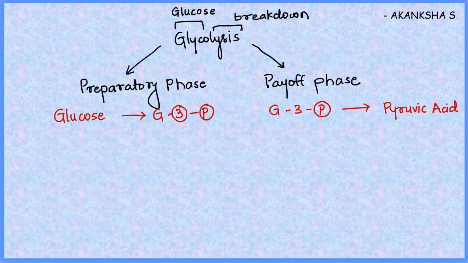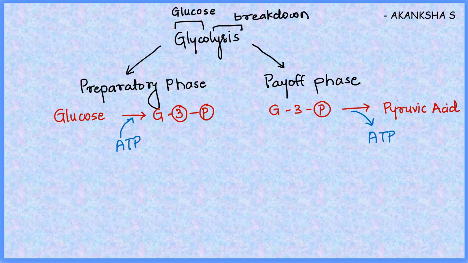Technically, while we are converting glucose to glyceraldehyde 3-phosphate, we would be consuming some energy, some ATP. And in the payoff phase, while we are converting glyceraldehyde 3-phosphate to pyruvic acid, we would be receiving some energy. The net energy is going to be 2 ATP, which we'll be looking for.